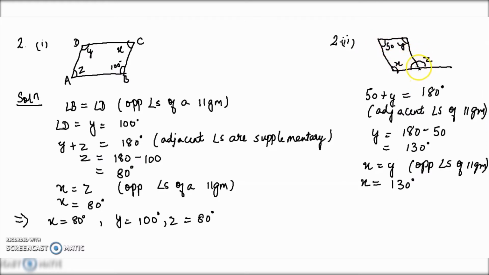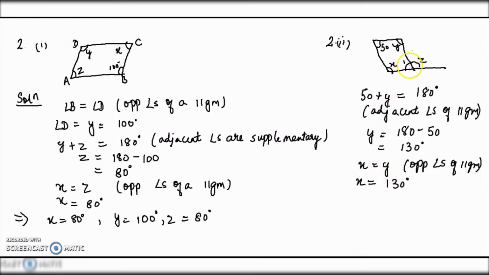If I mark it as angle 1, then 50 is equal to angle 1, because they are opposite angles of a parallelogram.